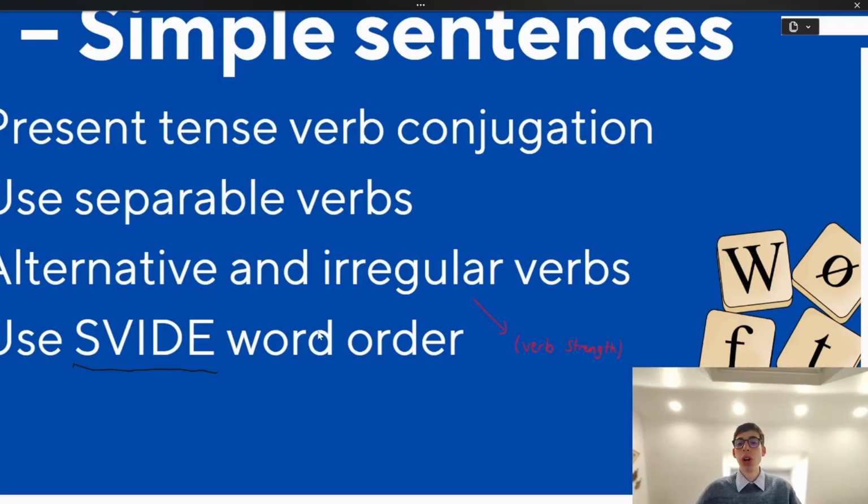Stronger verbs are going to change their vowels or their consonants to make themselves easier to say or nicer, but then obviously incurring more difficulty. And how strong a verb is basically depends on how many situations it's going to change.